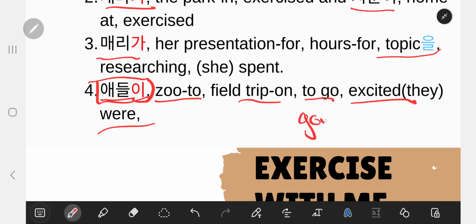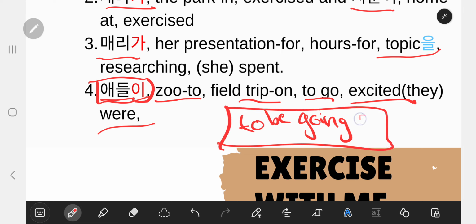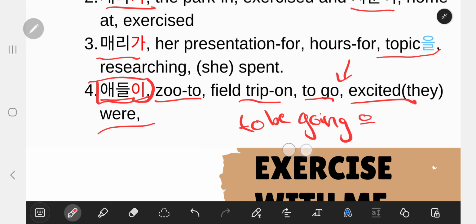But let's say going, because going could also be a gerund, to be going, right? So we could have also placed it over here too, if we wanted to put the object particle, because the act of going on a field trip is actually a noun. This was the verb. It gets a little tricky, but you just have to keep practicing and practicing.